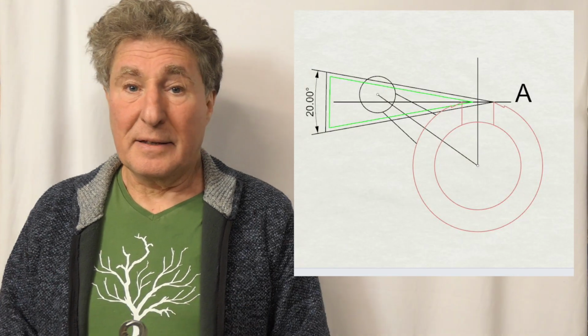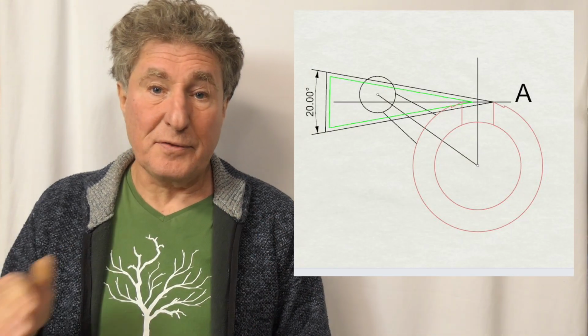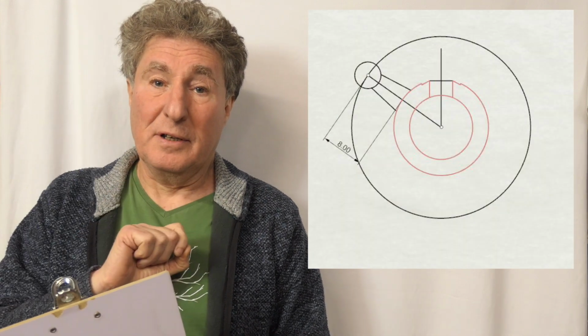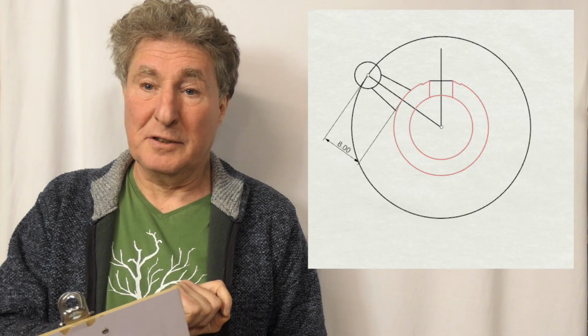Now we have some leeway, let's say 10 degrees up and down, and that gives us a sort of safe triangle in which we should find the center of the pillar. And if we have, for example, a pillar of 8 millimeters high, the desired pillar position finds itself on a circle 8 millimeters from the surface of the instrument.